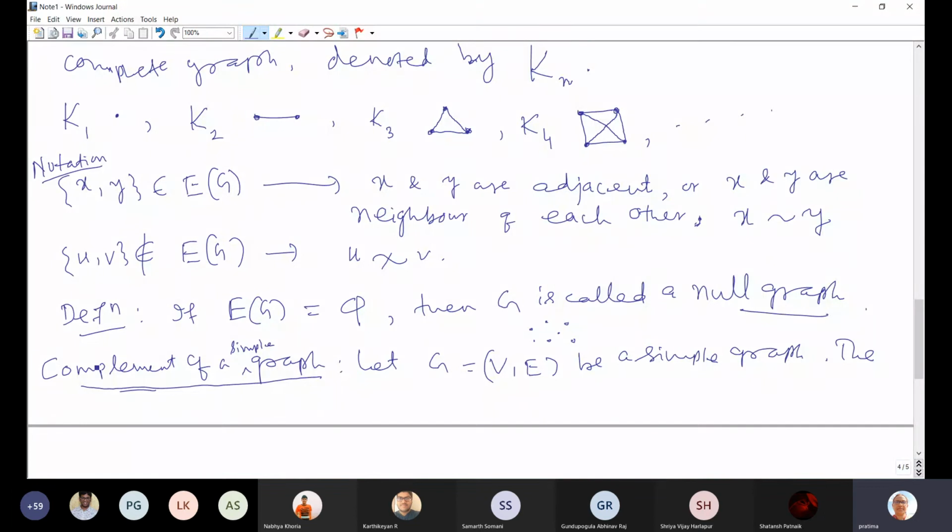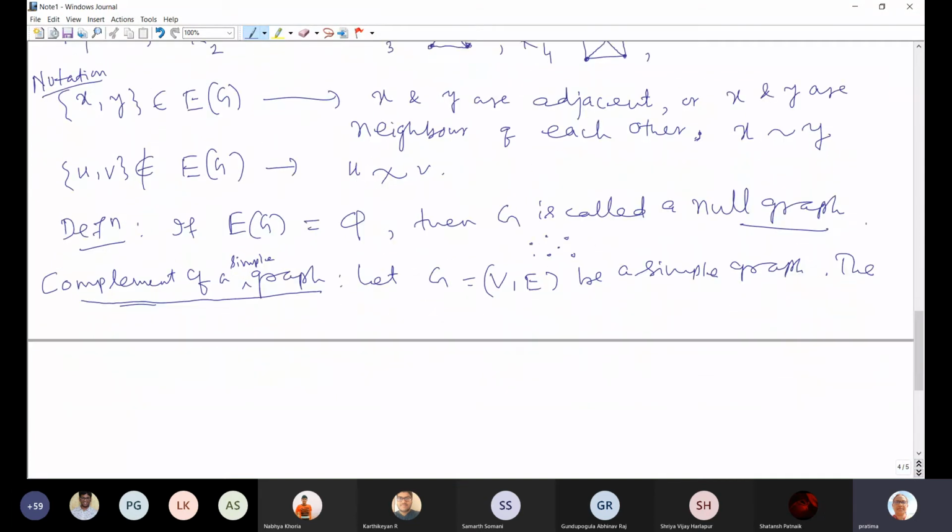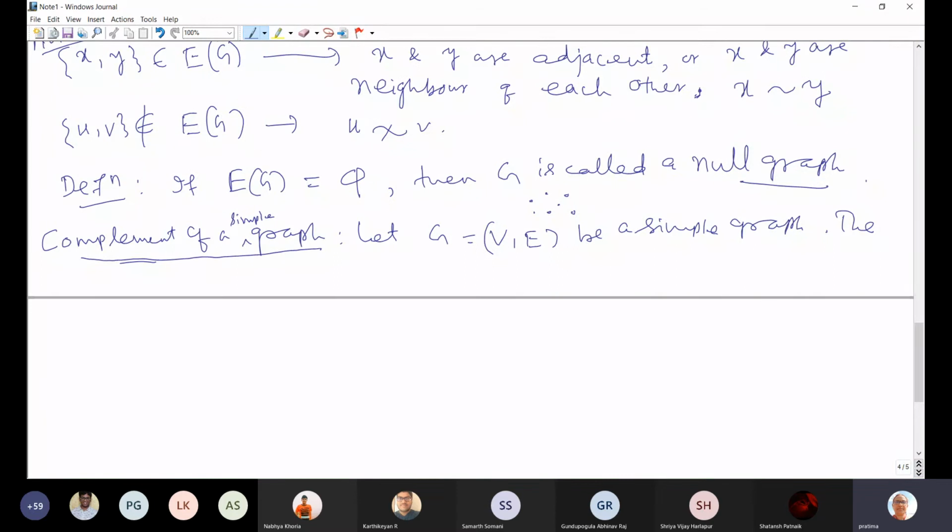The complement of G is again a graph. Let me write it and then I will tell you. The complement of G, sometimes denoted by G bar, and some people use G complement with a superscript C, is again a simple graph.